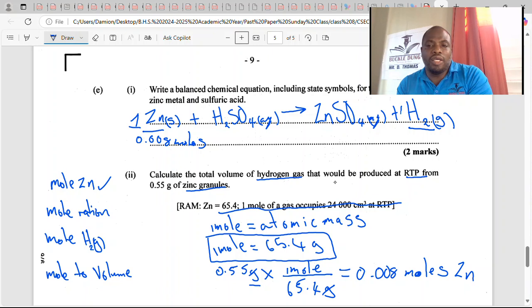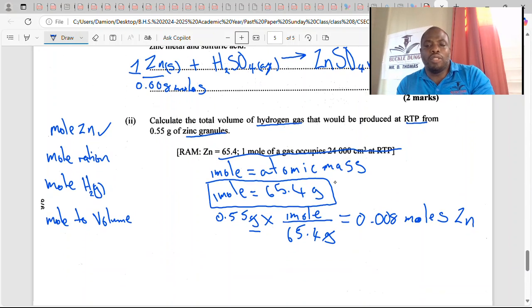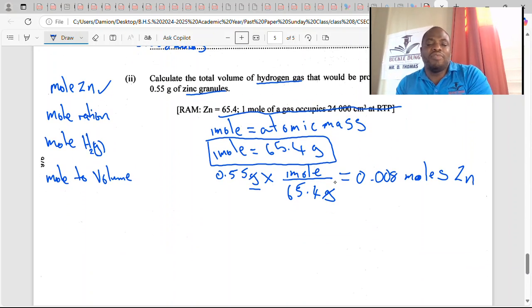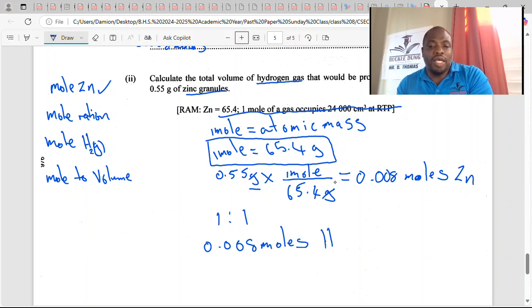And that's why it's important to balance the chemical equation before you can apply the mole ratio. So it's a 1-to-1 ratio. And so if it is a 1-to-1, if I have 0.008 moles of zinc, then I also have 0.008 moles of hydrogen gas.